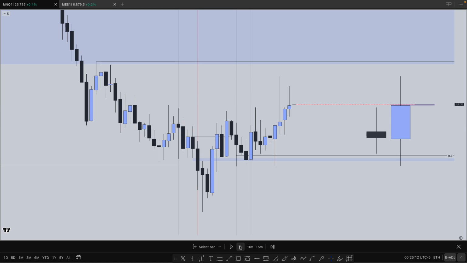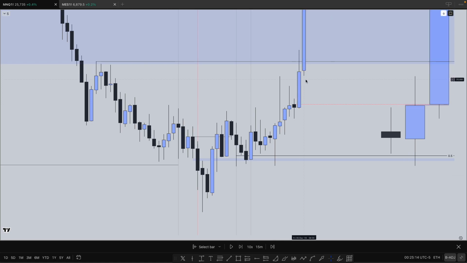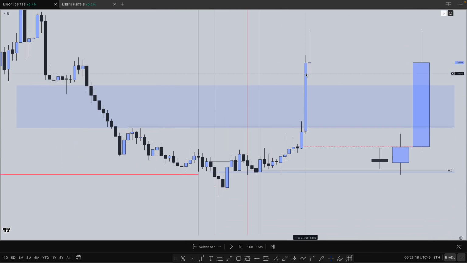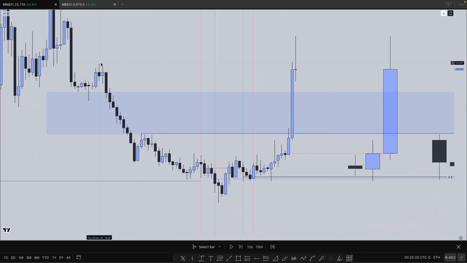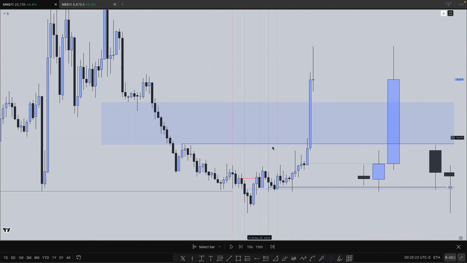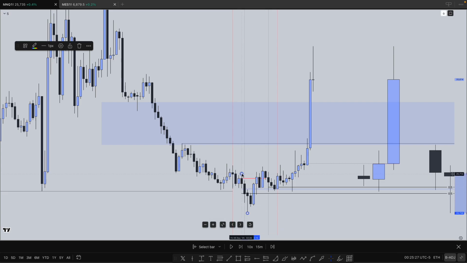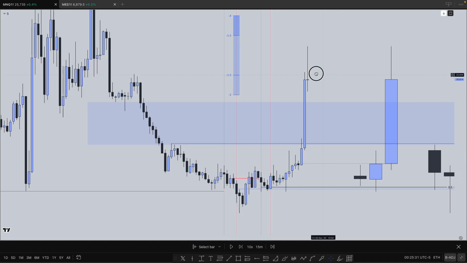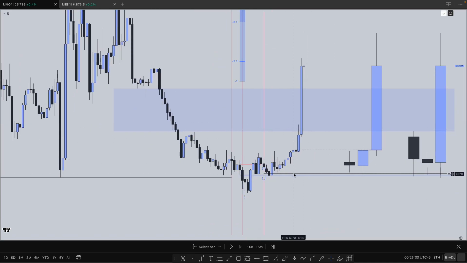So this is until 8:15 when price finally delivered, and then at the 8:30, it just blasted off straight into this fair value gap, and also went to standard deviation. So yeah, it would have been an absolute stunner.